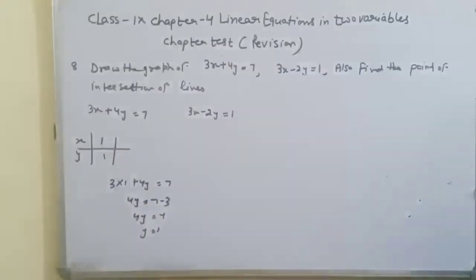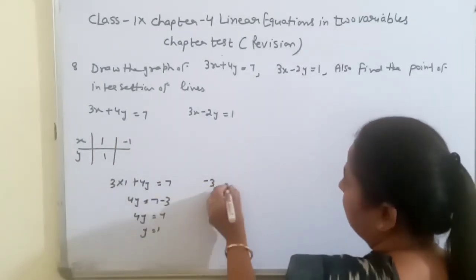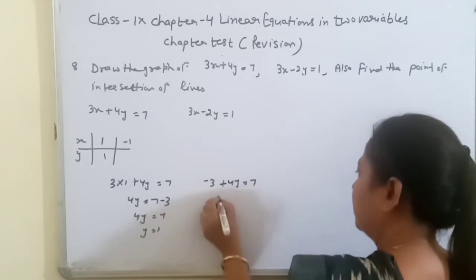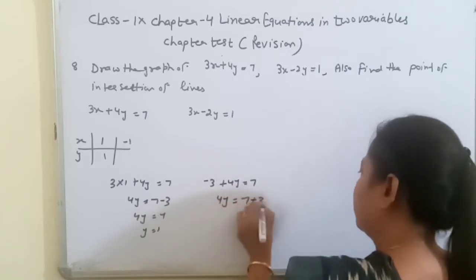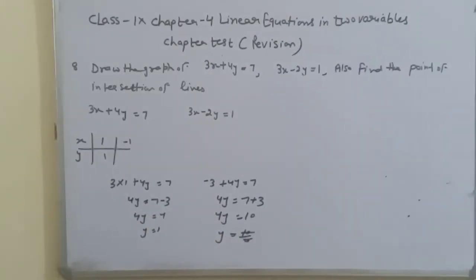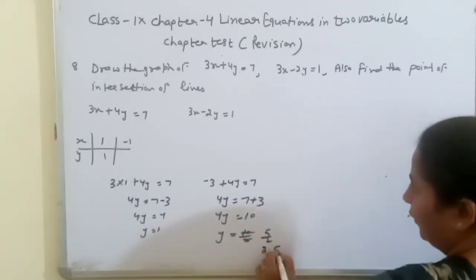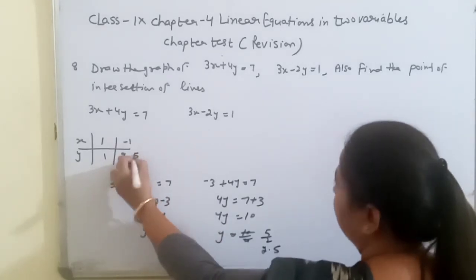Again we can substitute x minus 1. When x is minus 1, this is minus 3 plus 4y equal to 7. 4y equal to 7 plus 3. This is 10. Y equal to 10 by 4, therefore this is 5 by 2, 2.5. So y is 2.5.